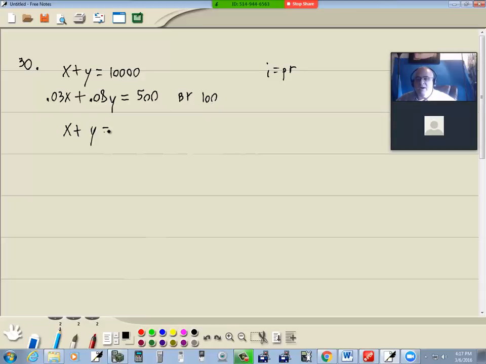So you've got x plus y is equal to 10,000. If I multiply the second equation times 100, it would give us 3x plus 8y equals 50,000. Now I'm going to use elimination. So I'm going to multiply the first equation by -3.